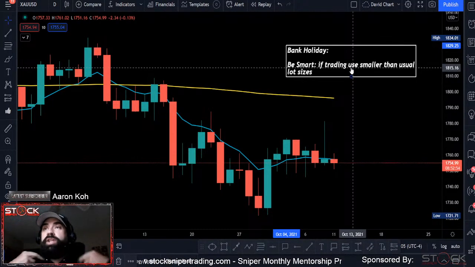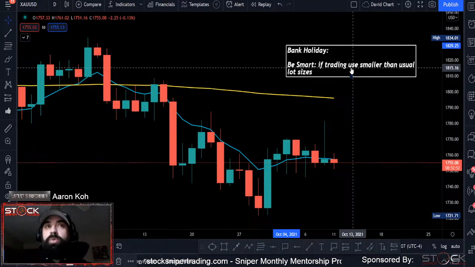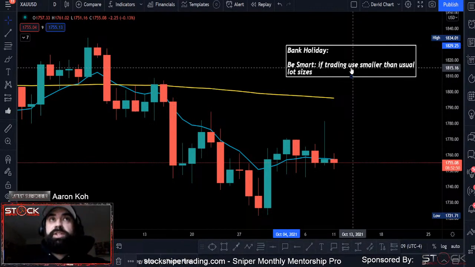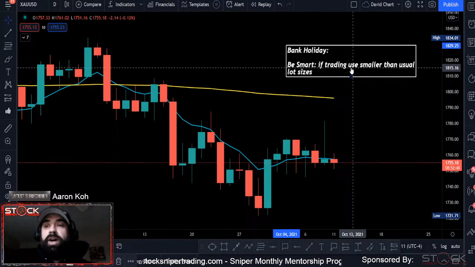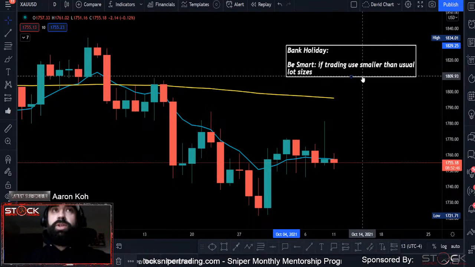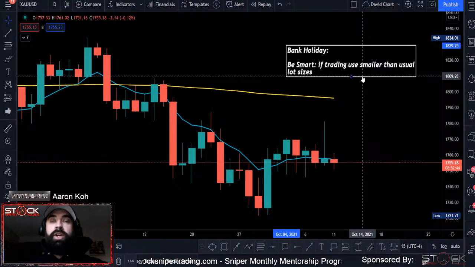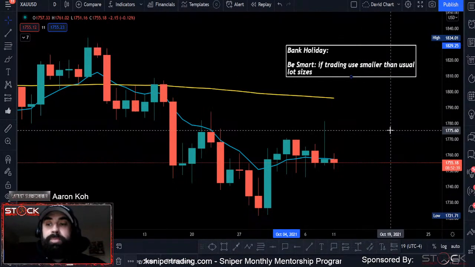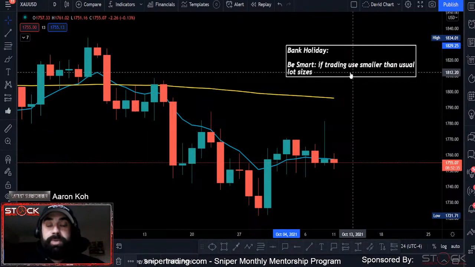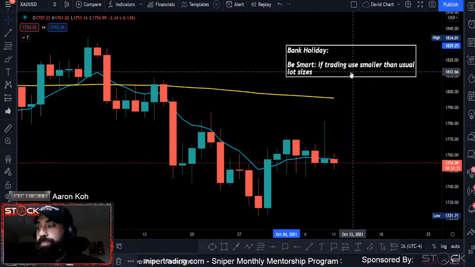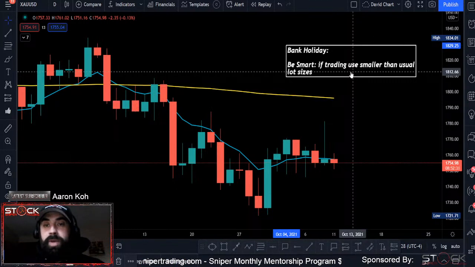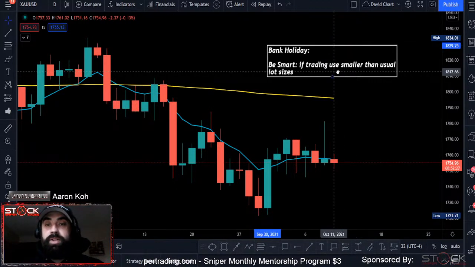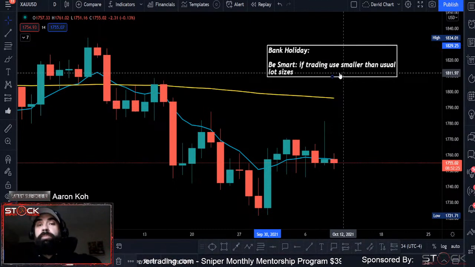If you're used to a standard lot size of 1.0, maybe do 0.05 or 0.25 or something smaller, just in case you get head faked out. It can happen to absolutely anyone, and we just want to make sure we're practicing proper risk management. Tomorrow it'll be right back in full swing, with nice liquidity pumping in the market, so just be aware of that.